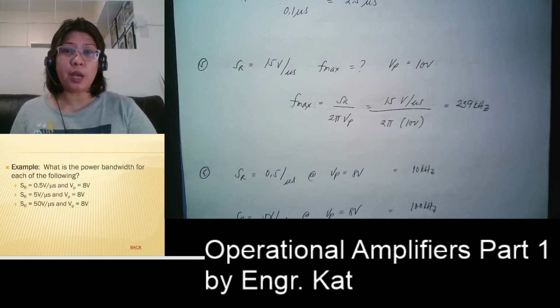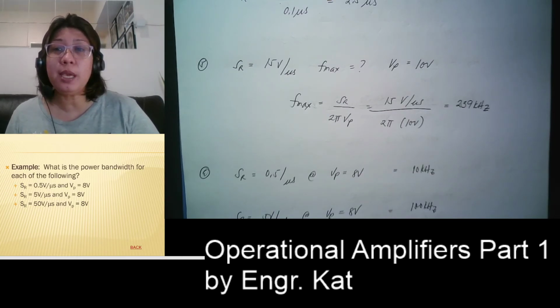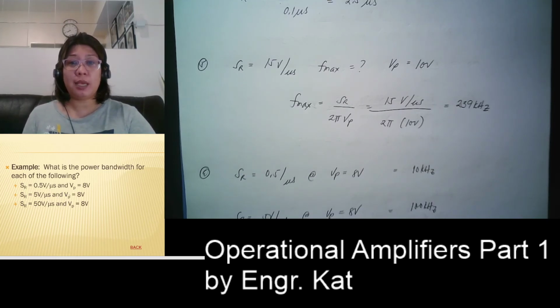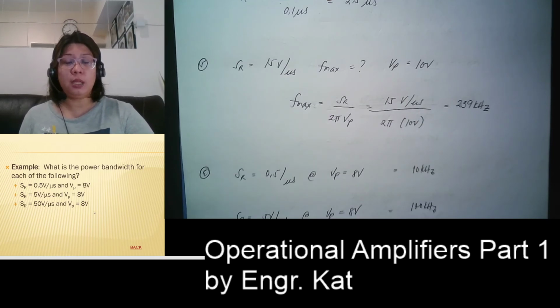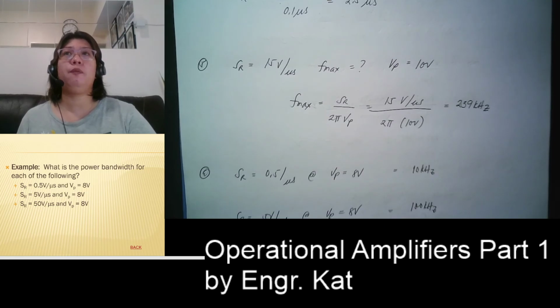Another example: what is the power bandwidth for each of the following? Given slew rates of 0.5 volts per microsecond, 5, and 50, with Vp set to 8 so that we can see the effect of slew rate with respect to a constant peak voltage.